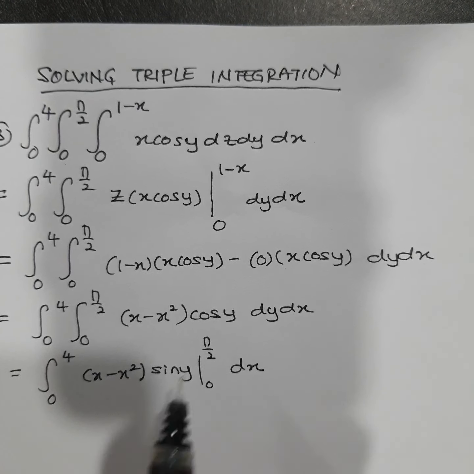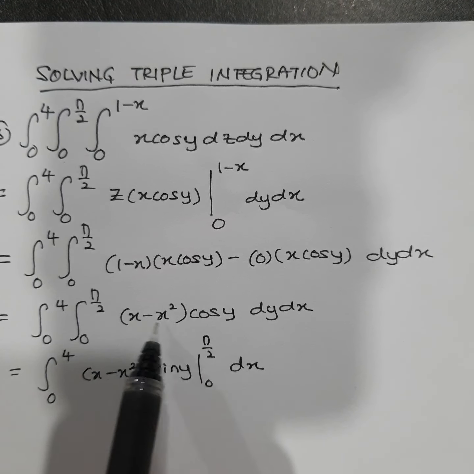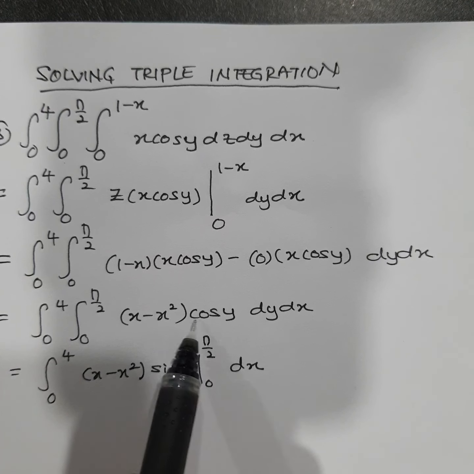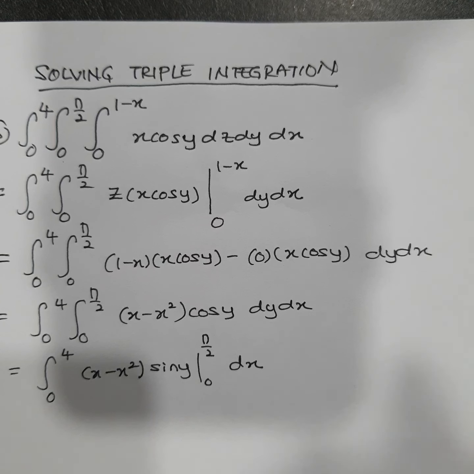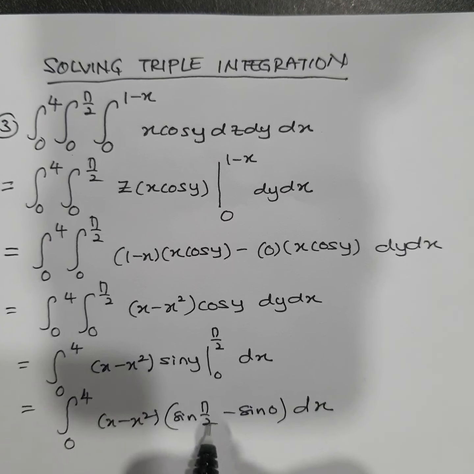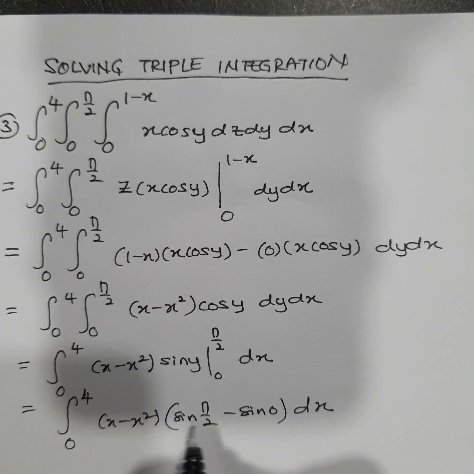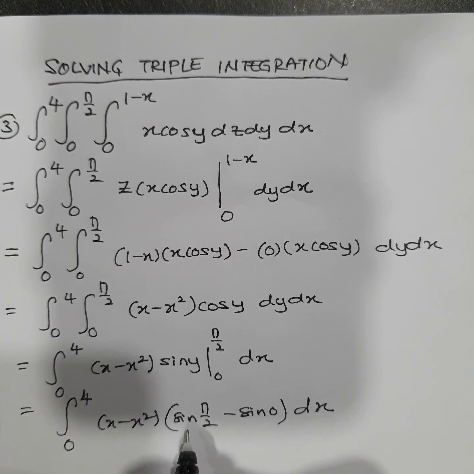Alright. Okay, so you tengok sekarang kita integrate X minus X square cos Y. So X minus X square, integrate cos Y akan jadi sin Y. So boundary adalah kosong hingga pi over 2. So sekarang masukkan nilai. Okay, satu saya nak pesan tentang ni. Bila you cari sin of pi over 2, I would advise you to use pi instead of you guna degree.